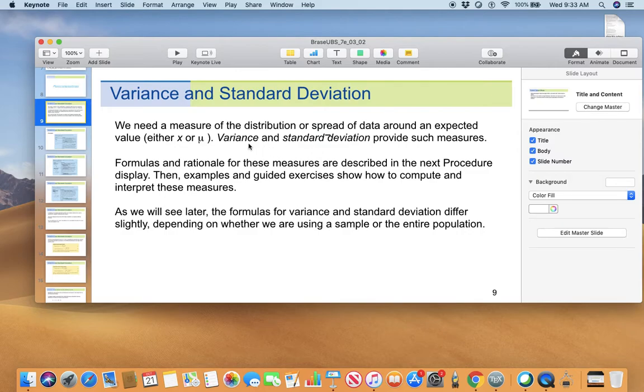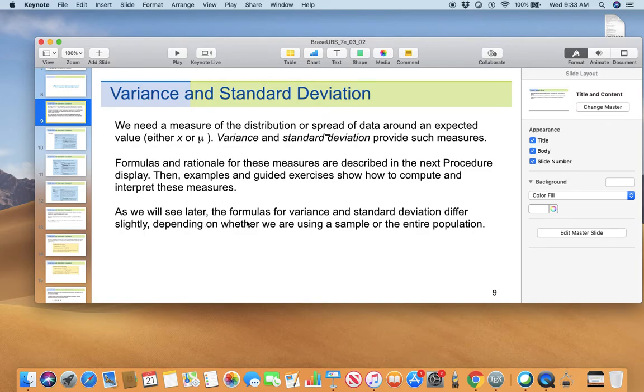So we are going to come up with two formulae, variance and standard deviation, which give you such a measure. Formulas and rationale for these measures are described in the next procedure display. Then examples and guided exercises show how to compute and interpret these measures.